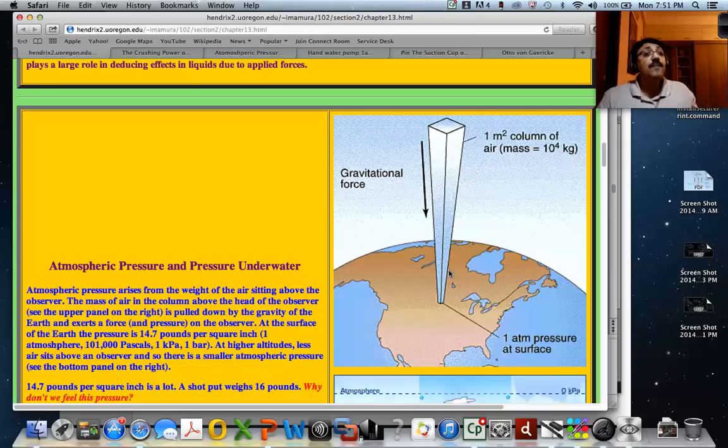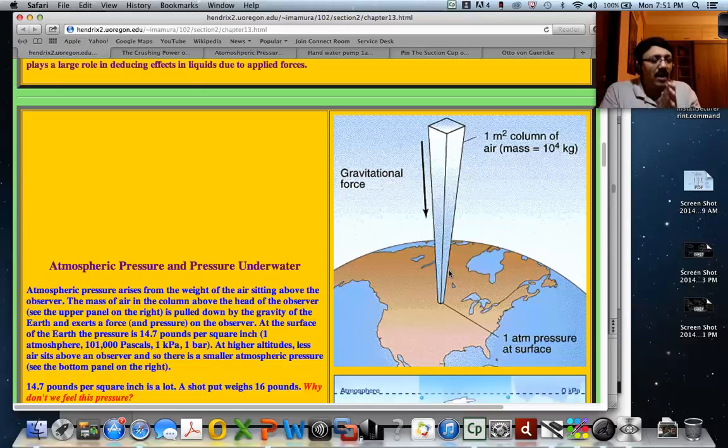Same concept as liquid, right? Liquid has a weight, and that weight is what is exerted as pressure. So all three states of matter have weight, because any matter has mass, whether it is solid, liquid or gas.